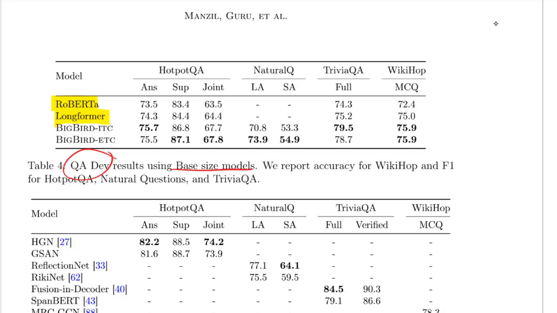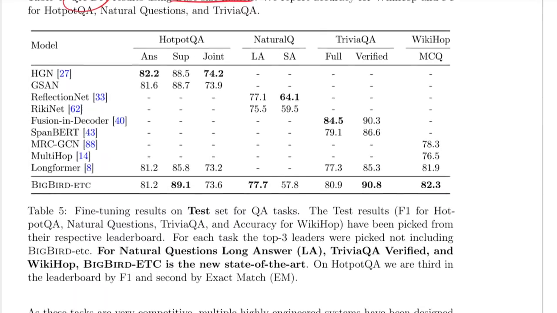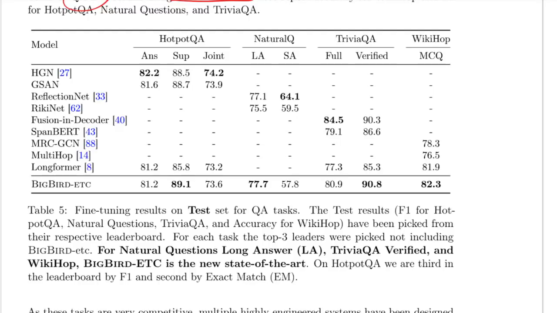At least I'm not really looking at whether they outperform these models, because as you can see right here, if they compare to state of the art, and granted these are models that have been trained specifically for these tasks and are crafted and engineered, BigBird manages to hold itself against them in a lot of tasks and even gets state of the art on some.